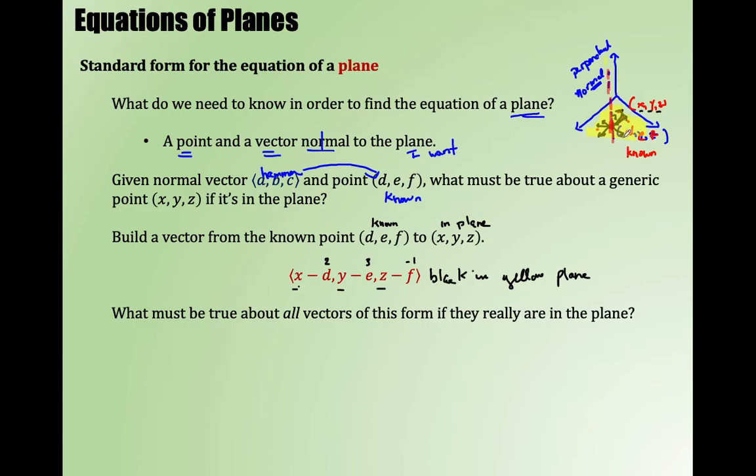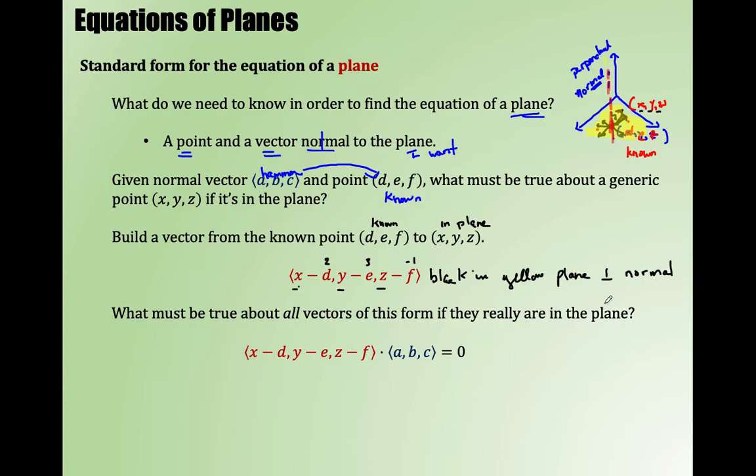What did we say is true? All of these black vectors in the yellow plane are perpendicular to the normal through the given point. Well, what do you know about two vectors that are perpendicular? Think about something we've learned to do with vectors. That's right, you got it. Their dot product must be equal to 0.